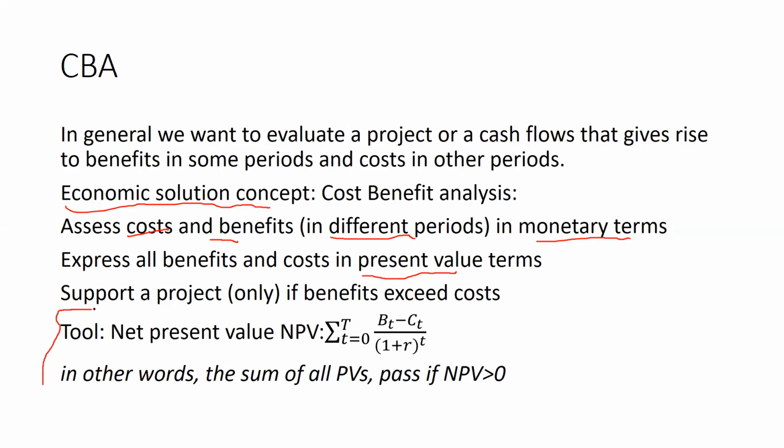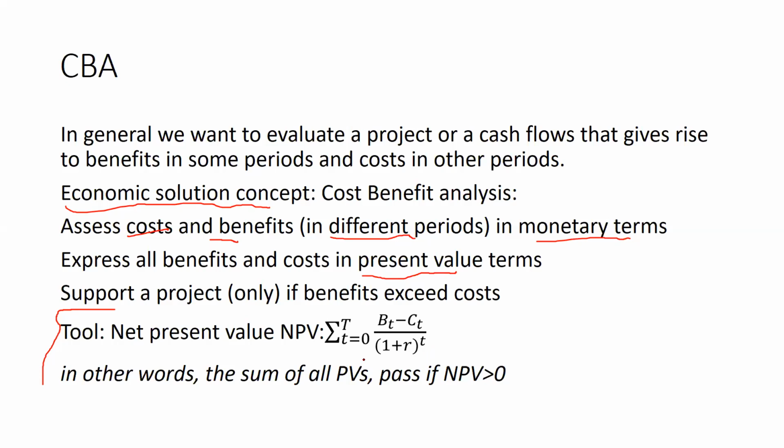We have a tool we use to assess whether the present benefits exceed the present costs, and that's net present value, which is the sum going from now to some period t in the future of benefits minus costs, so net benefits discounted to the present.